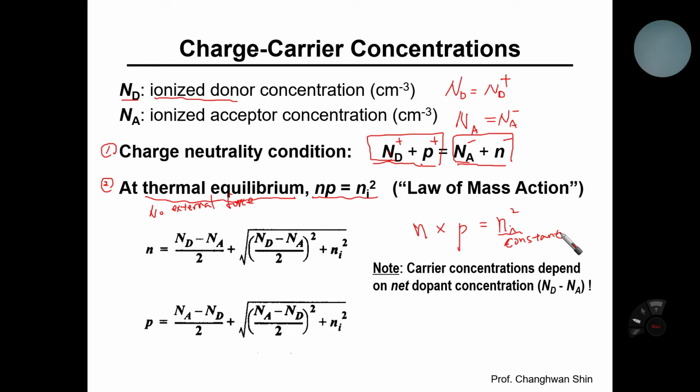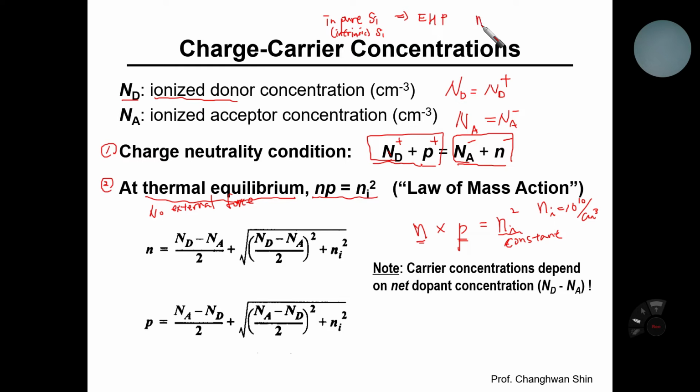So I said this is a constant. n sub i is 10 to the 10 per cubic centimeter for crystalline silicon material. n is the total electron concentration, and p is the total hole concentration. In pure silicon, or intrinsic silicon, electrons and holes are created in pairs, EHP.